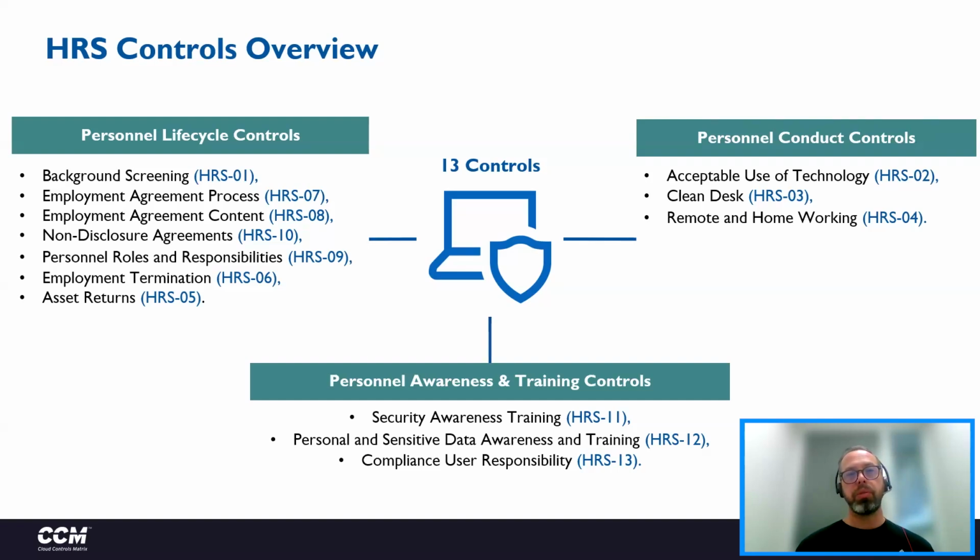We need a clean desk policy, which becomes culture of your organization, and we need best practices for remote and home working. And in terms of bringing all of this information to personnel to train them, we have security awareness training, best practices and controls, personal data and sensitive data awareness training, and compliance user responsibility awareness and training.